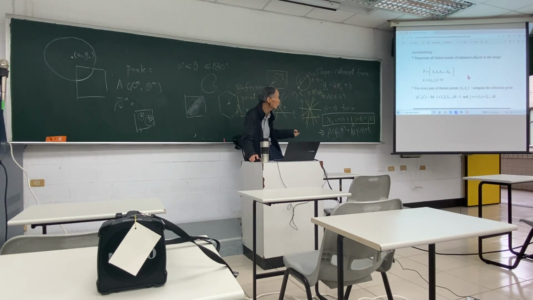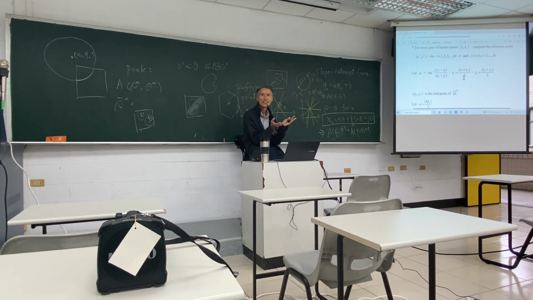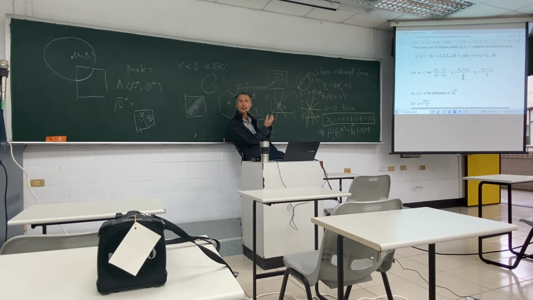Then you do the accumulation. This is the so-called generalized Hough transform, which means it can generalize to identify any object.